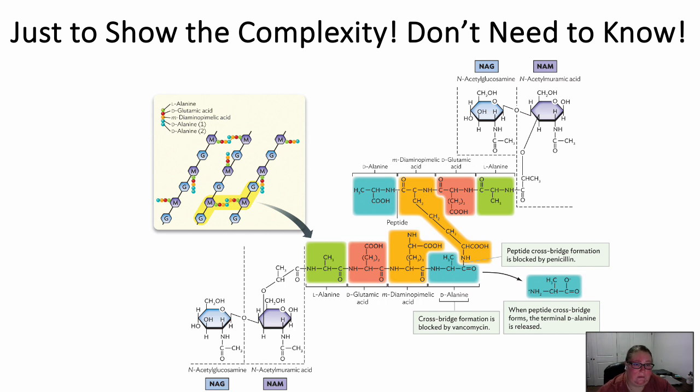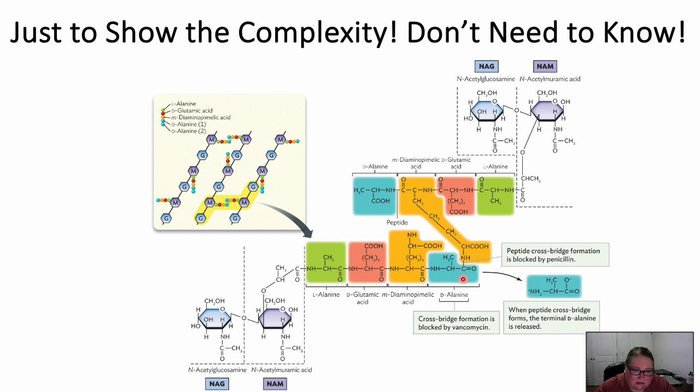Now, we have a set of antibiotics that are going to target different parts of the cell wall. So this little guy right here, let me turn my thing on. So we have our diaminopimelic acid, we have our D-alanine, we have our cross bridge right here.